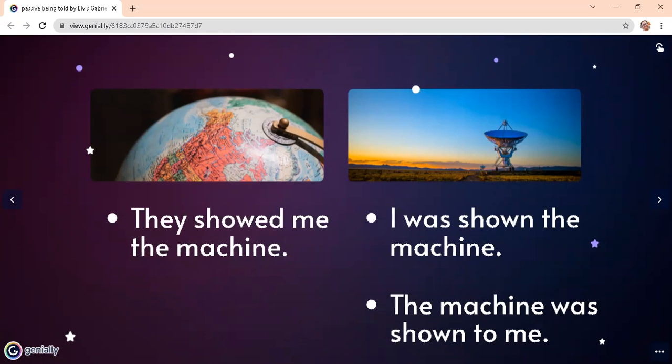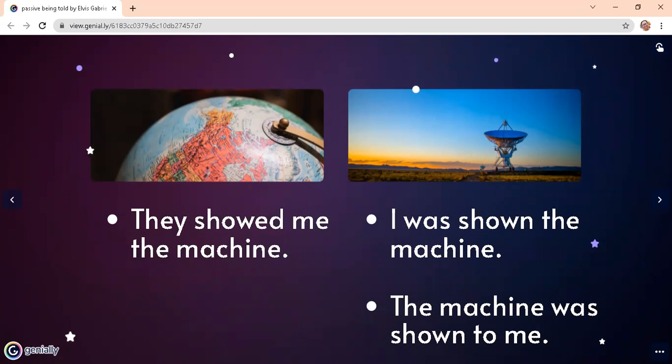Let's just take a look at another set of examples. They showed me the machine. Again, we have an active sentence that needs the use of two different passive voice sentences. I was shown the machine, or the machine was shown to me.